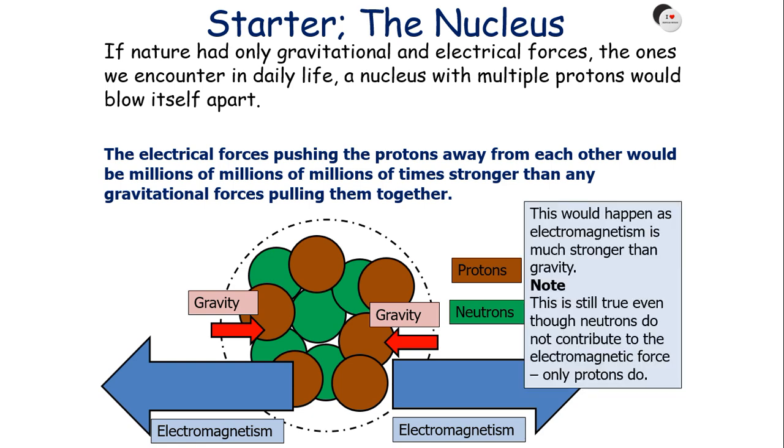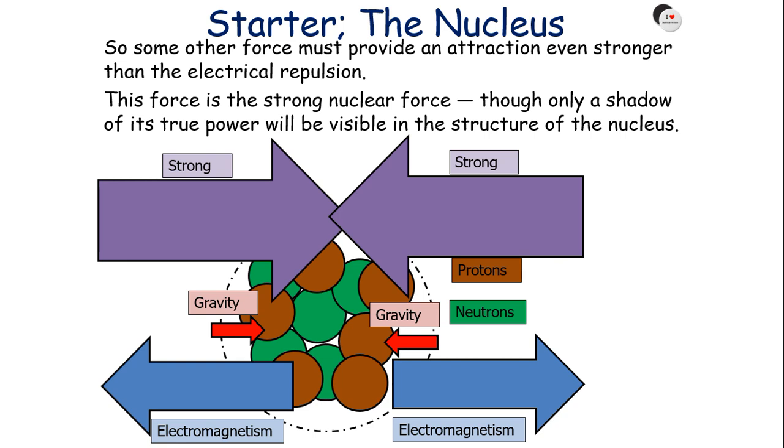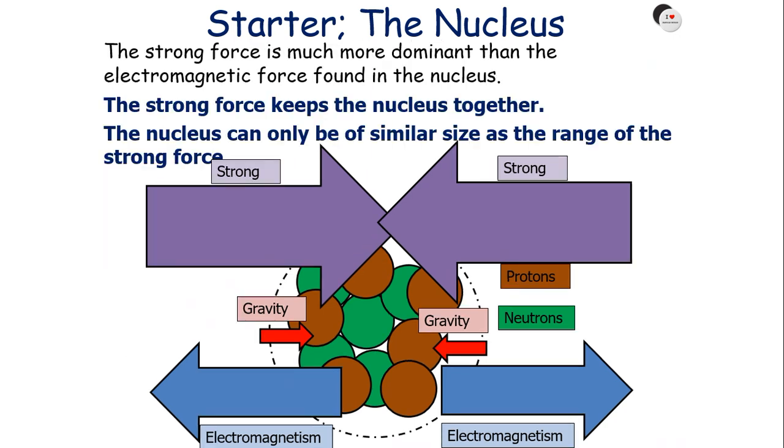Okay, now we've got to look at the following though, because there's also in fact a force called the strong nuclear force, which is holding all the nucleons in the nucleus together. The strong force keeps the nucleus together. The nucleus can only be of similar size as the range of the strong force.